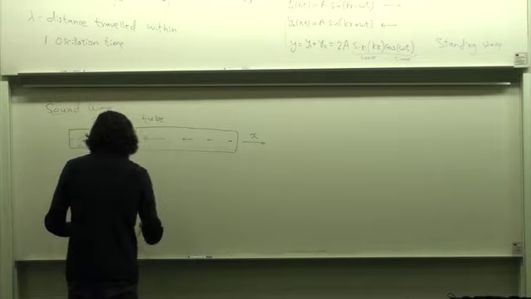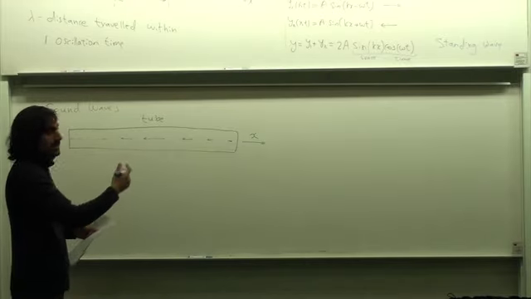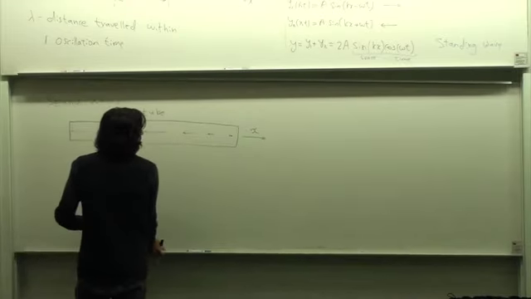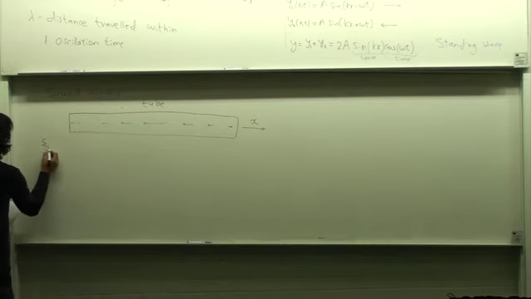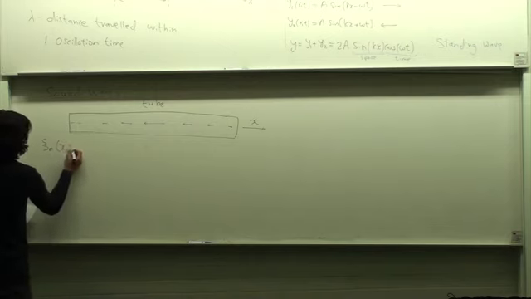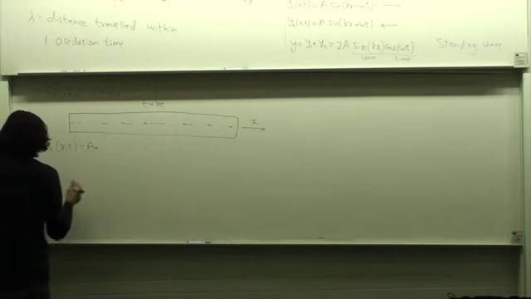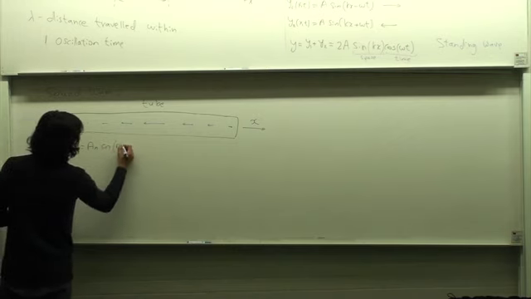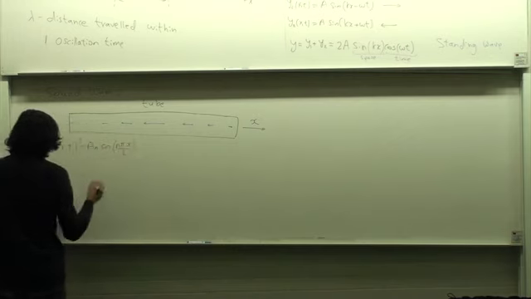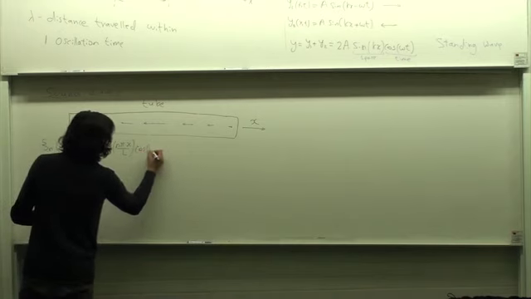And we can write something about the displacement in a similar way to what we had before. So I can write in general psi n of x and t is A_n sine n pi x over L, this is what we had before, cosine omega n times t.